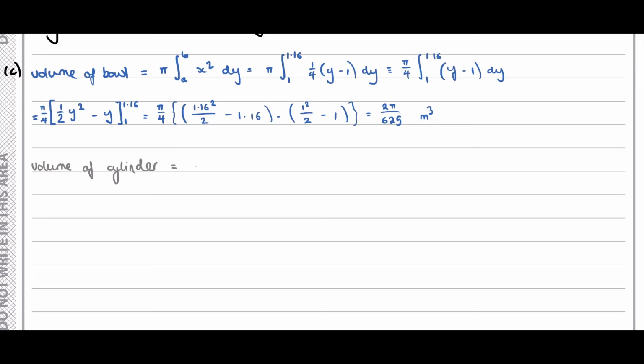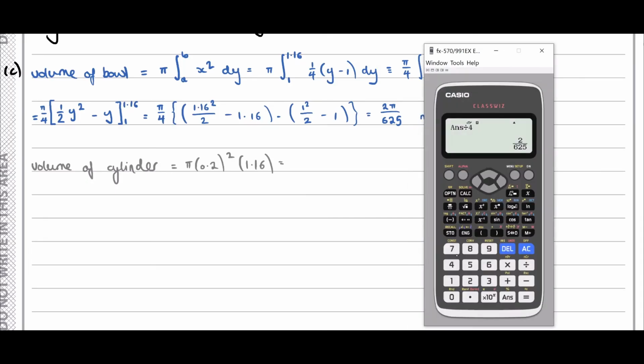So we have pi lots of 0.2 squared lots of 1.16, times by 1.16, which is 29 over 625 pi. Okay.